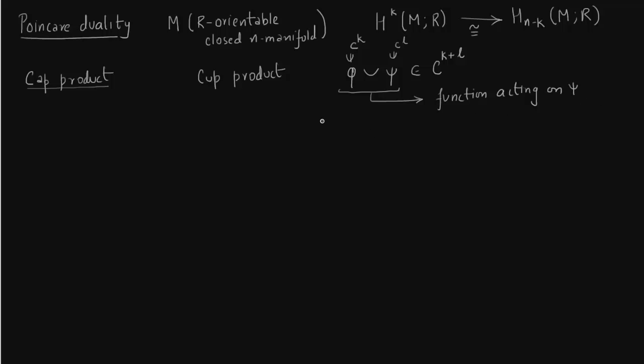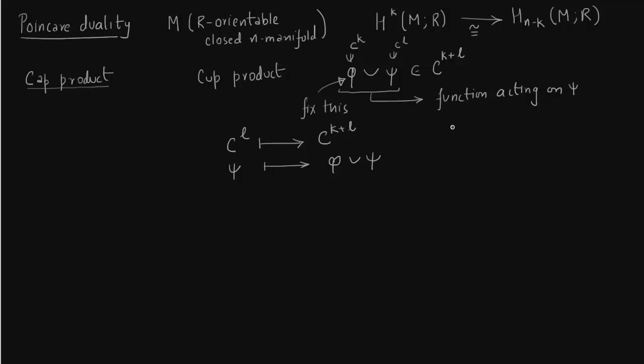And how do we deal with this function? Basically, we fix the first part, and then this first part with the cup product acts on the second part. So let us make it more clear. We are taking cochain CL to CK plus L. That is, take an element psi of the cochain to the cup product, by fixing the first element phi.